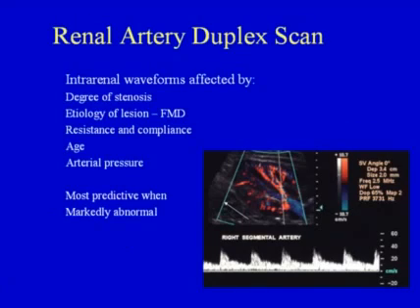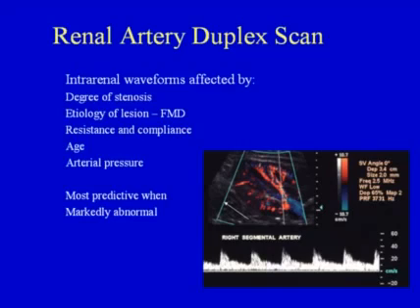Intrarenal waveforms can be affected by the degree of stenosis and the etiology of the lesion. As noted earlier, fibromuscular dysplasia generally does not affect the waveforms out in the parenchyma, and they appear to be essentially normal. Other factors include the resistance and compliance, the age of the patient, and arterial pressure.